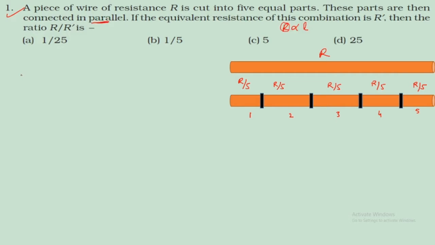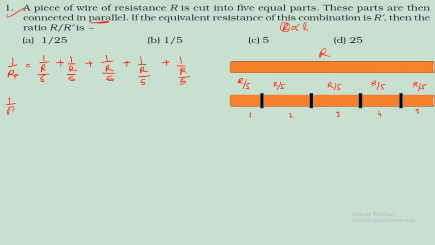So we will connect these resistances in parallel as 1 by Rp equals 1 over R over 5 plus 1 over R over 5 plus again 1 over R over 5 plus 1 over R over 5 and plus 1 over R over 5.